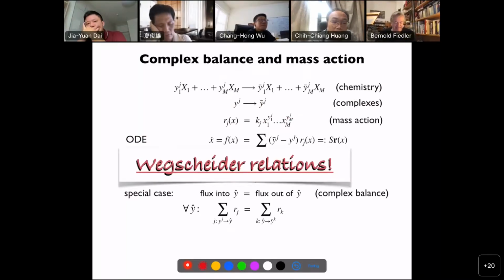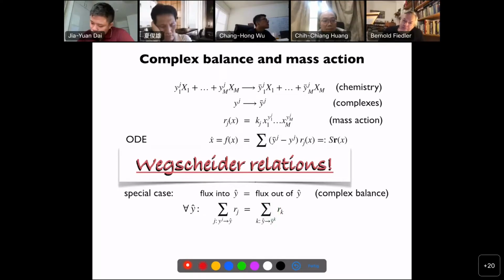I said to have complex balance, the assumption which gave us the Lyapunov function, we need to solve these equations. But these are more equations than we have variables for. Therefore, in general, we will not have any complex balance equilibrium.